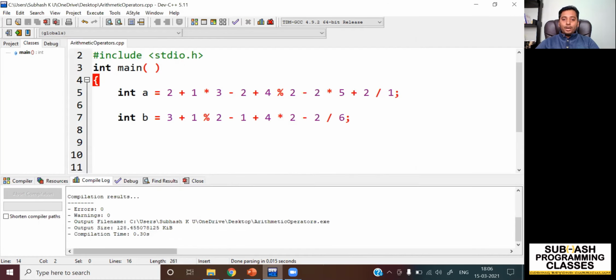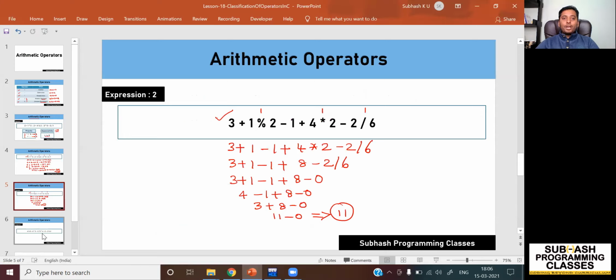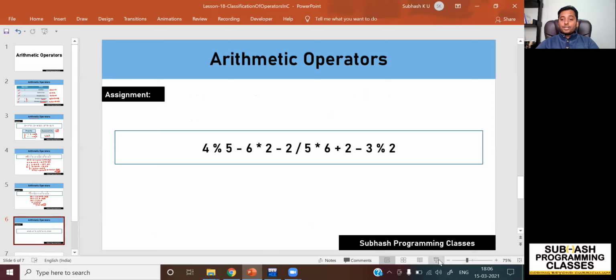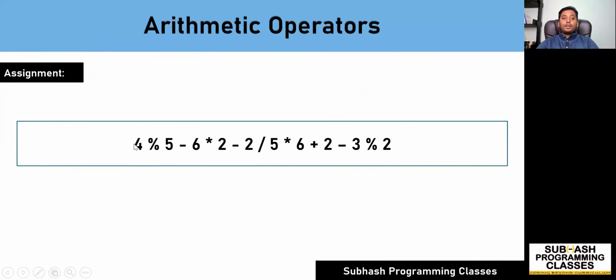Okay, so now I feel it's time for me to give you an assignment so that you do it and understand it better. As you can see, I have given you an assignment over here. I want you to solve this expression: 4 modulo 5 minus 6 multiplied by 2 minus 2 divided by 5 multiplied by 6 plus 2 minus 3 modulo 2, right?